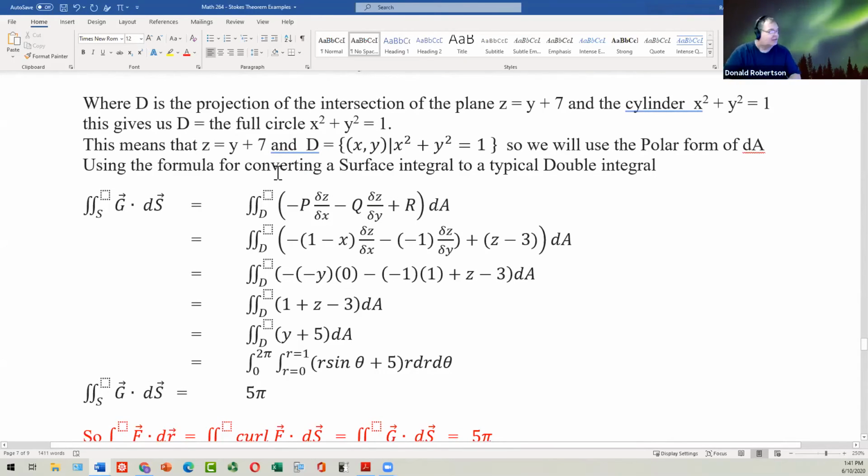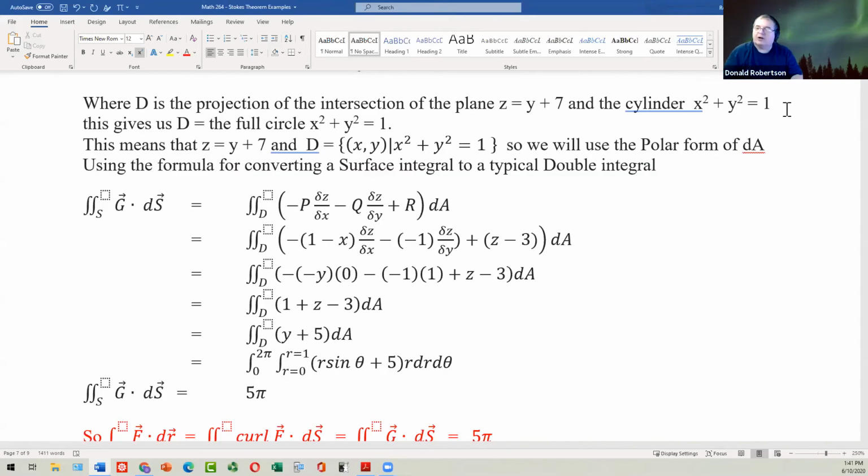The D is going to be what you get when you intersect this plane in 3D with this cylinder. Now this cylinder is easy. Can you imagine x squared plus y squared equals 1 being a cylinder going vertically upwards, radius 1? Can you imagine what z equals y plus 7 would be? It would be like a slice, like a plane cutting it at an angle.